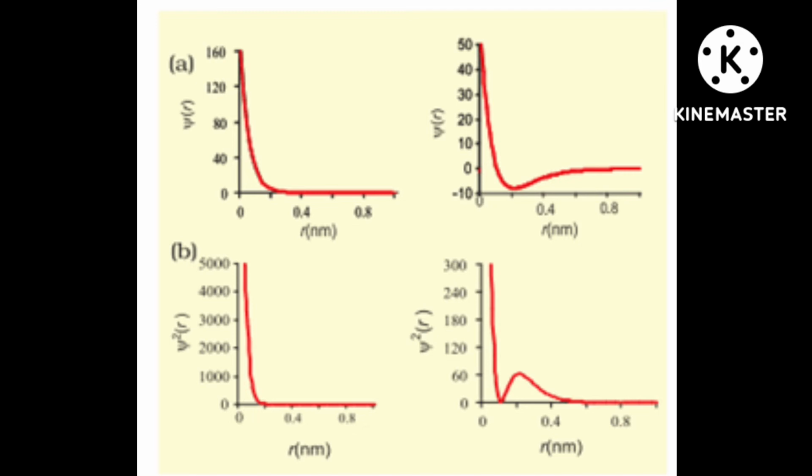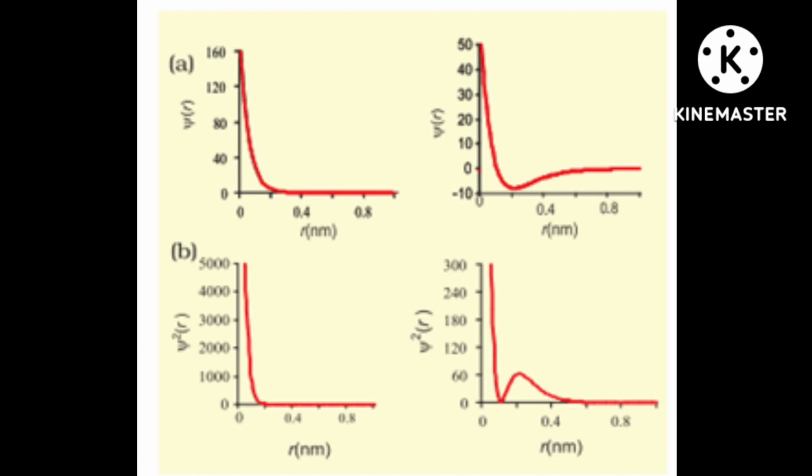I have already told you there is a direct formula. If you know the value of n, then how many orbitals will be there? Just remember n square.